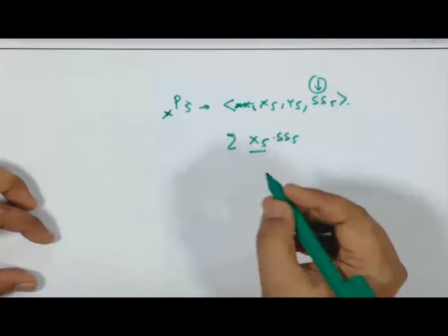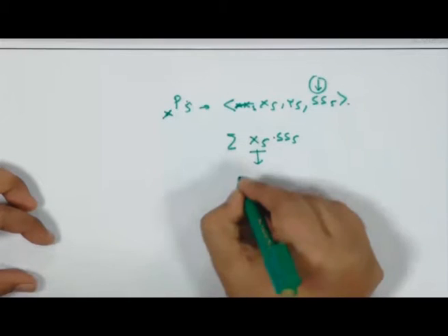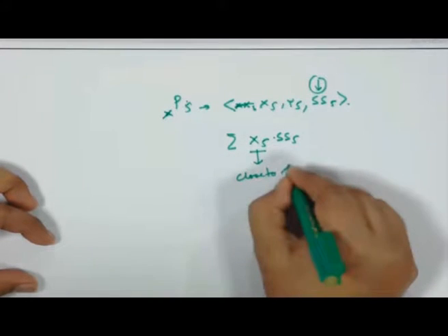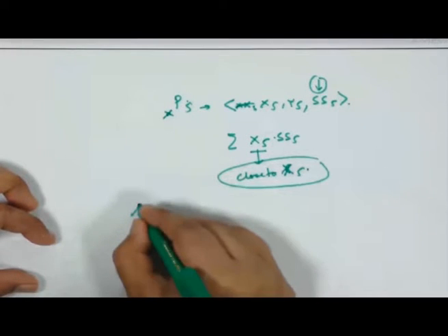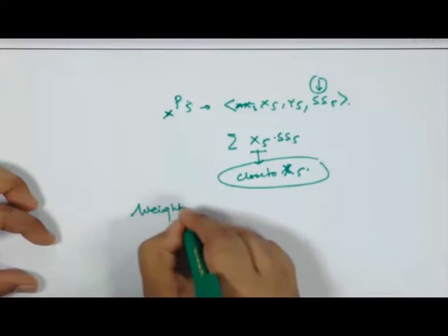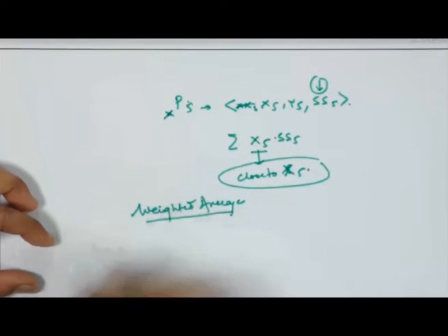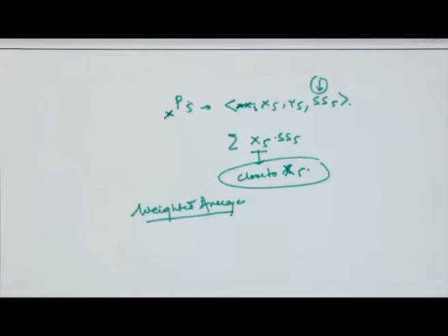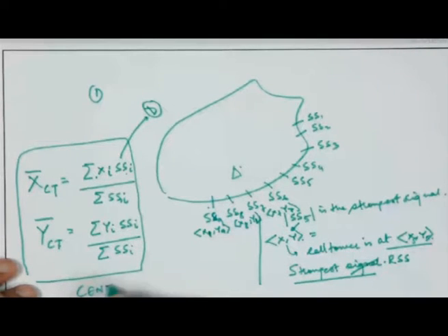So in the end, you will get the cell tower which is close to x5. This is called a weighted average. This is simply a centroid. I am just finding a centroid using a weighted average.